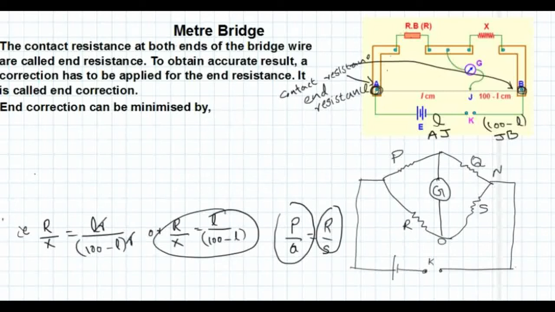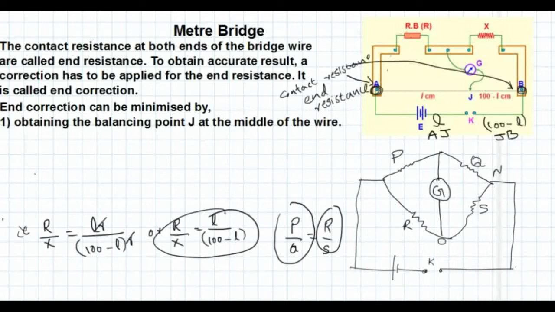So this end correction can be minimized by, first one, obtaining the balancing point J at the middle of the wire. So practically when we use this meter bridge, in order to adjust the resistances, we will move the jockey over this wire. In the case of Wheatstone's bridge, I told you we can adjust the values of P, Q, R and S so that finally the current through the galvanometer becomes 0.